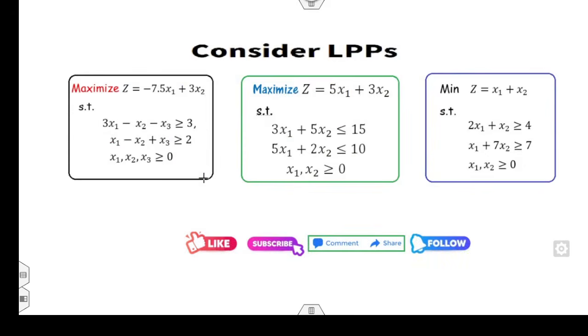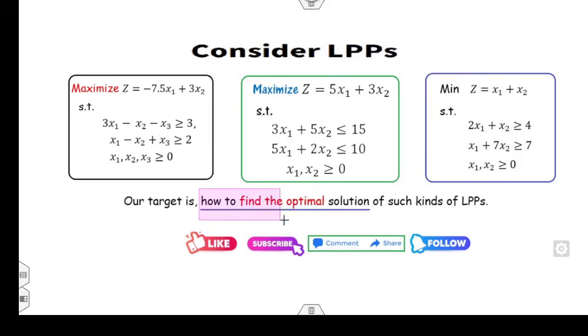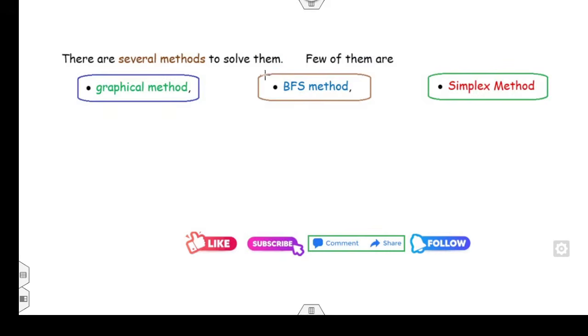If I give you some LPPs, for example the maximization problems or the minimization problem, what is your target related to these LPPs? Obviously your target is how we can find the optimal solutions of such kind of linear programming problem. We have already discussed the various methods, and a few of them are known as graphical methods, basic feasible methods, simplex methods and many others.